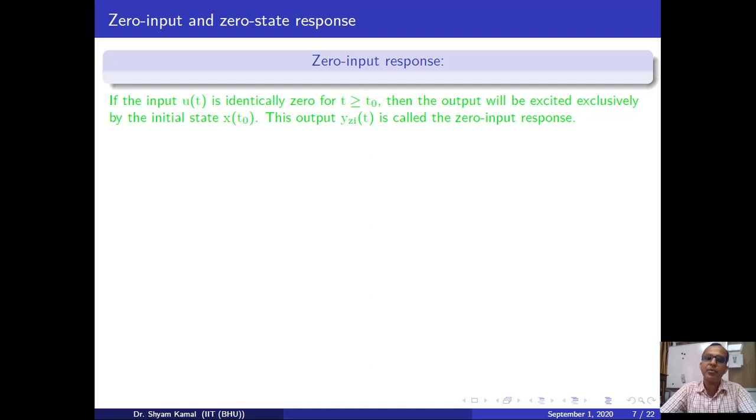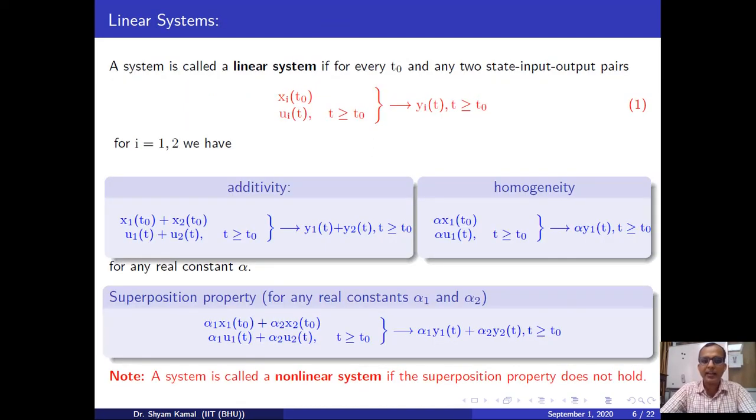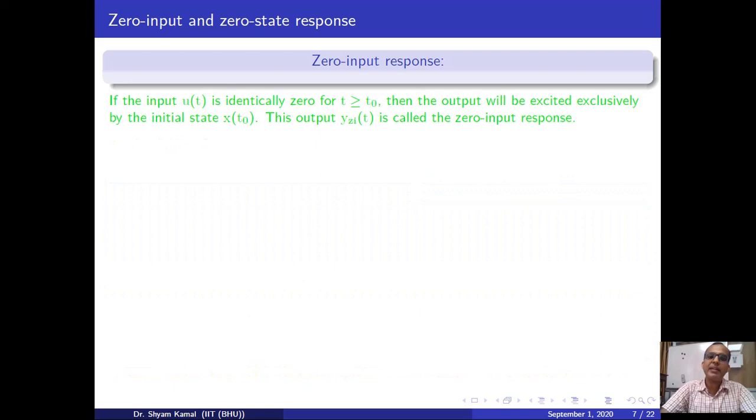What we found in the previous slide is that here I have output y1, and x1 is some finite value of a state. Now one time I put the state as 0, and one time the input as 0. Zero input response means the response only due to the initial condition.